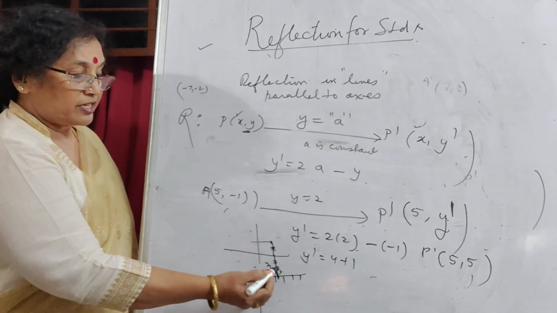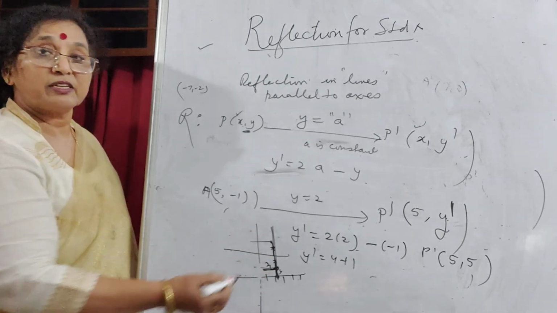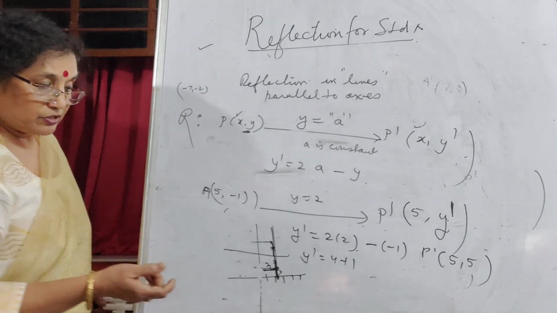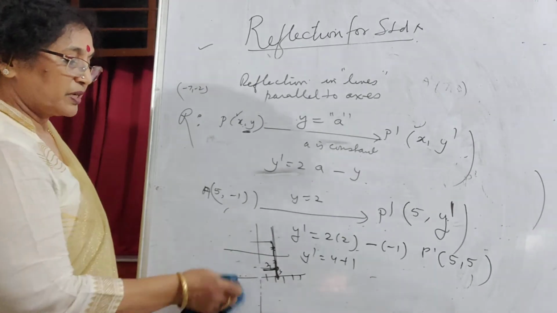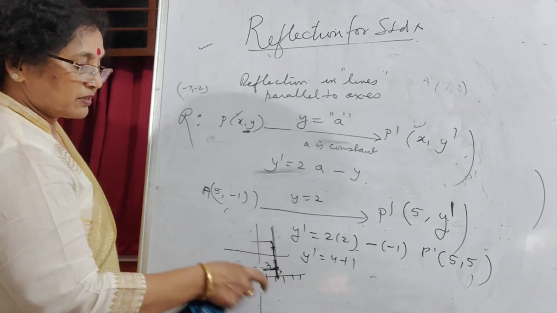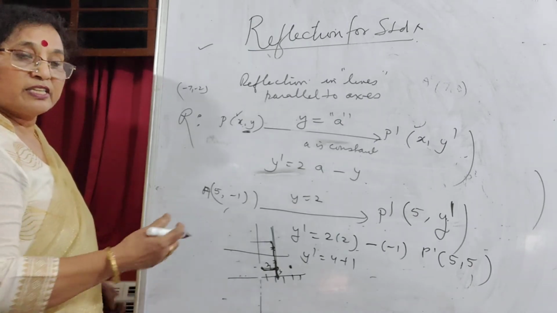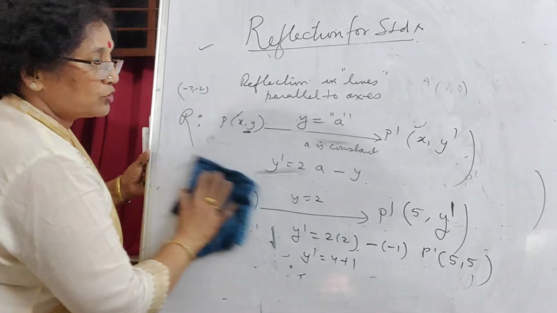So x won't change, y will change, because this is y equals something. For x equals 2, the object is here, the image is here, so you will see the y is not changing, x will change.